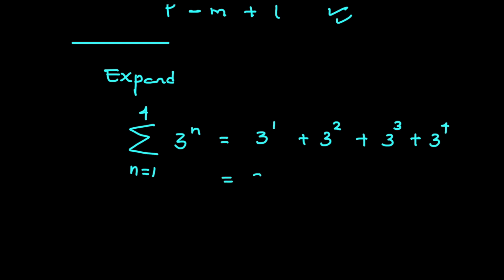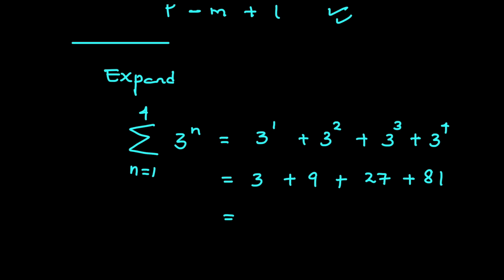So this is 3. 3 squared is 9. 3 cubed is 27. 3 to the 4th is 81. Obviously, you guys might have calculators when you are doing these things. And if you take note, this is the sum of the first 4 terms. So let me calculate that.